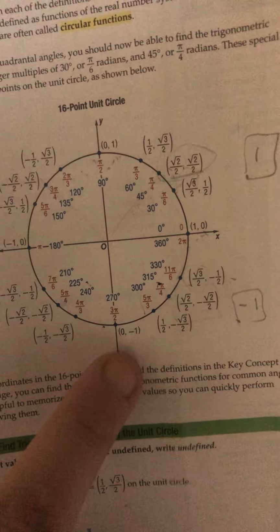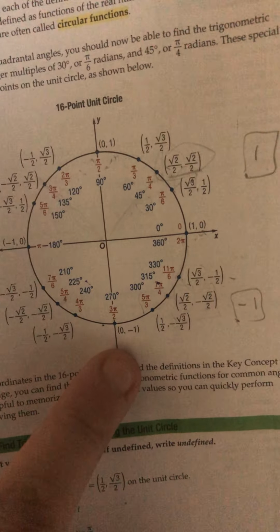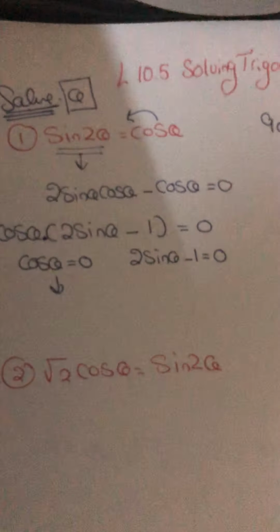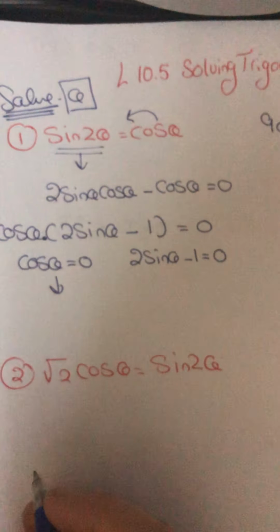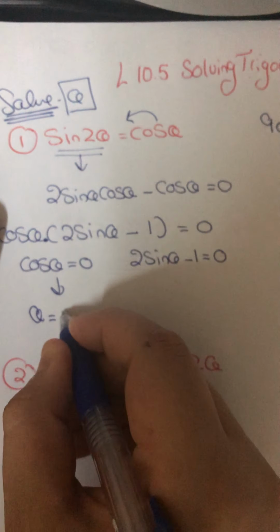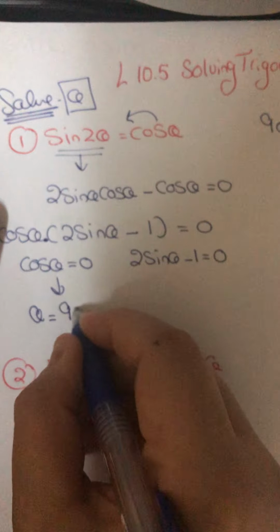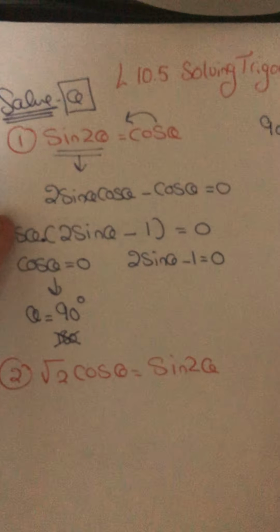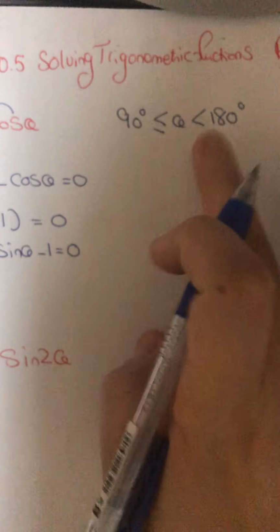So I will not take the 180 because it's not included, it's open at the 180. I will only take the 90 degrees or pi over 2. Since the question is given in degrees, I would solve in degrees. So here theta is equal to 90 degrees only, and I will not take the 180 because it's not in my interval, because over here they wrote it open.